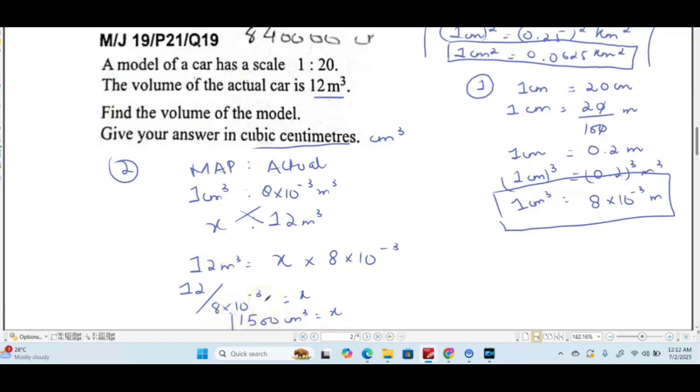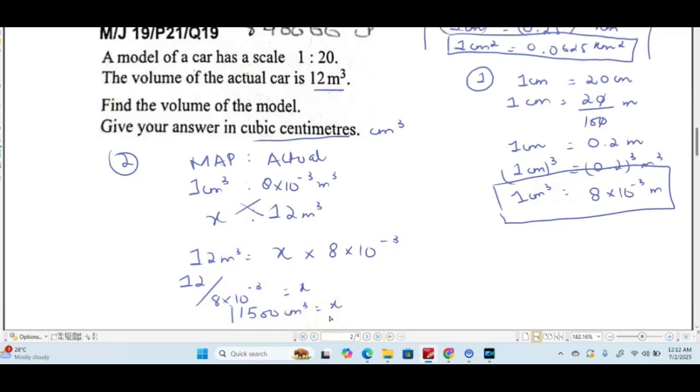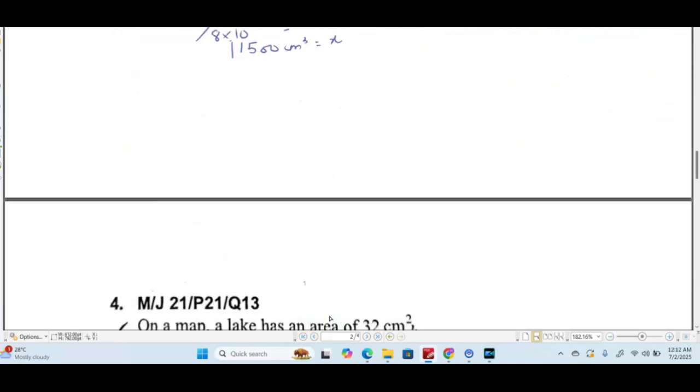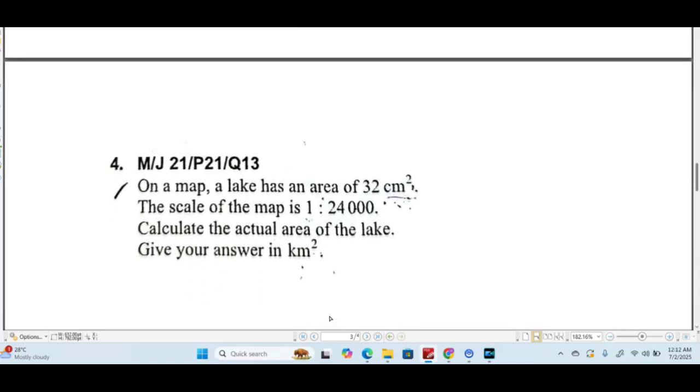Okay? In actuality, it was 12 meters cube, and the volume of the model is 1500 centimeters cube. Okay, ji? I hope you understood this question. Okay. Moving on to the next question.